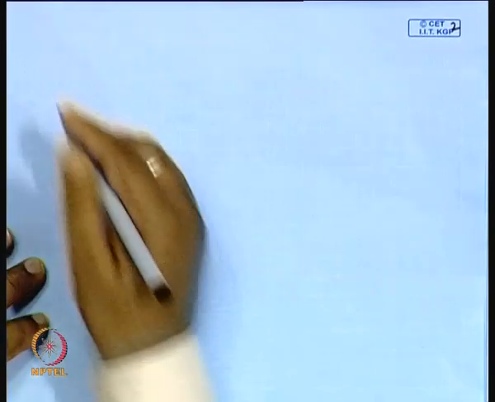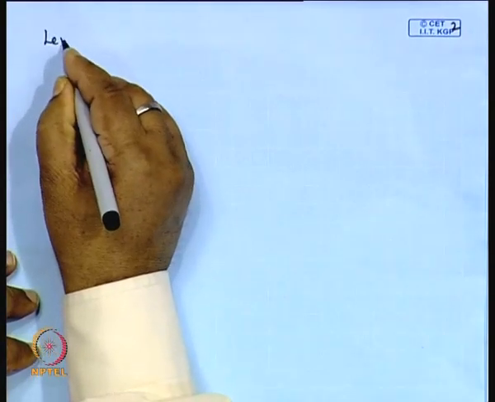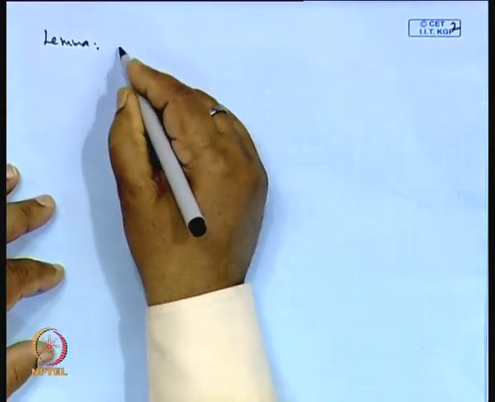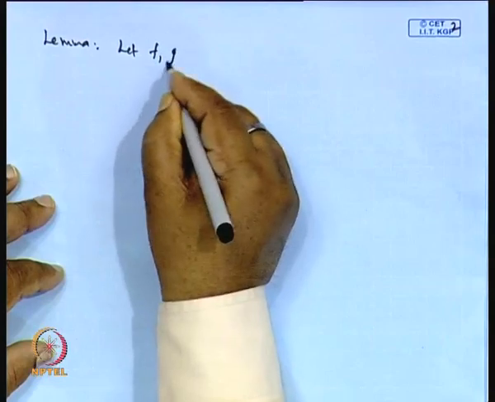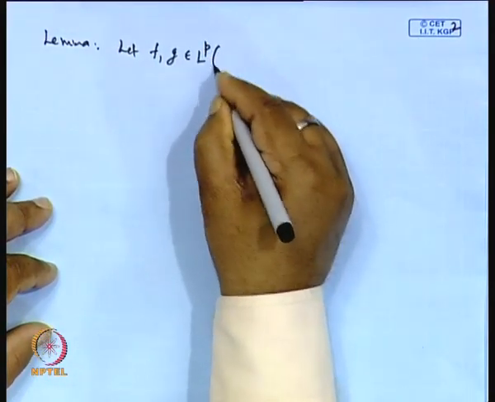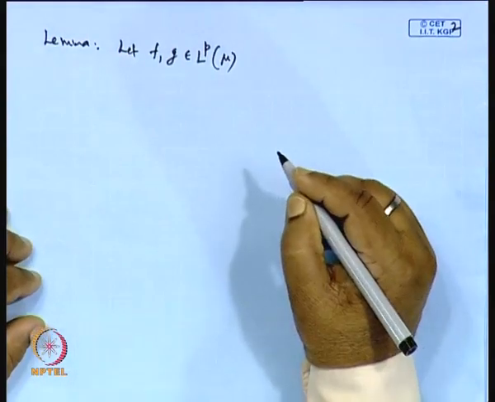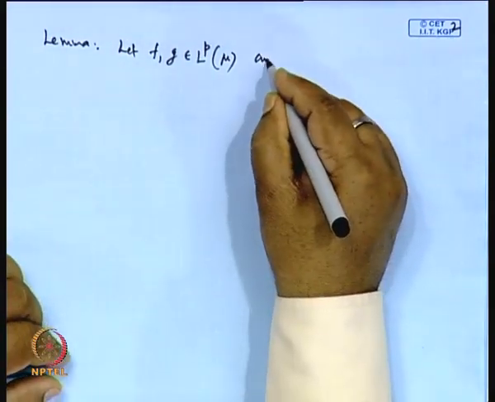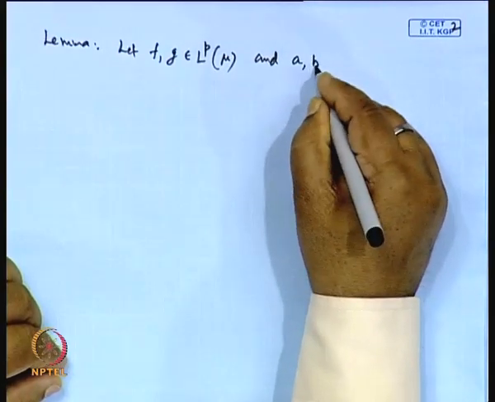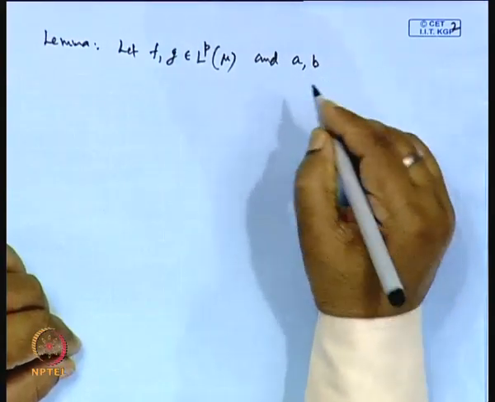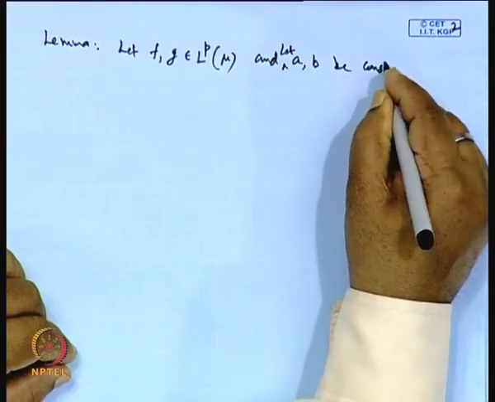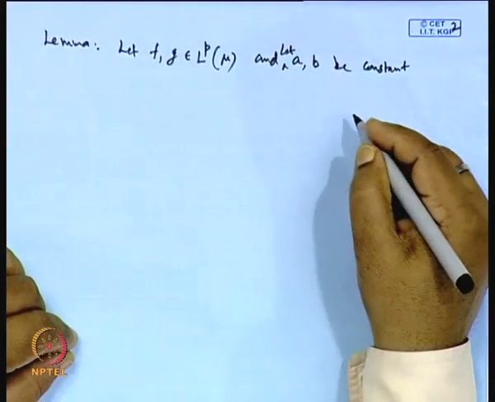So, we say as a first result, or lemma: let f and g belong to LP(mu), and let a and b be constants.